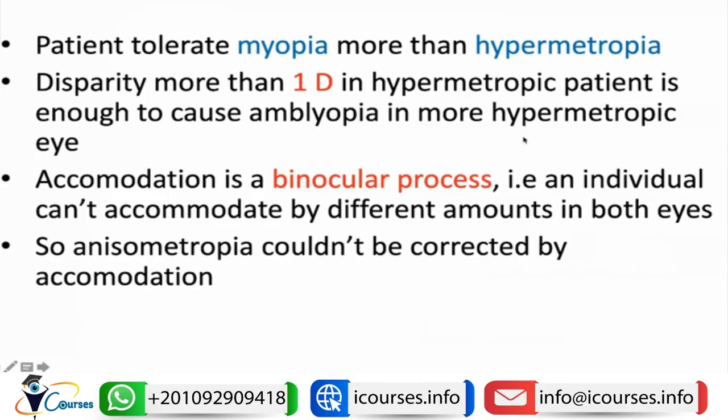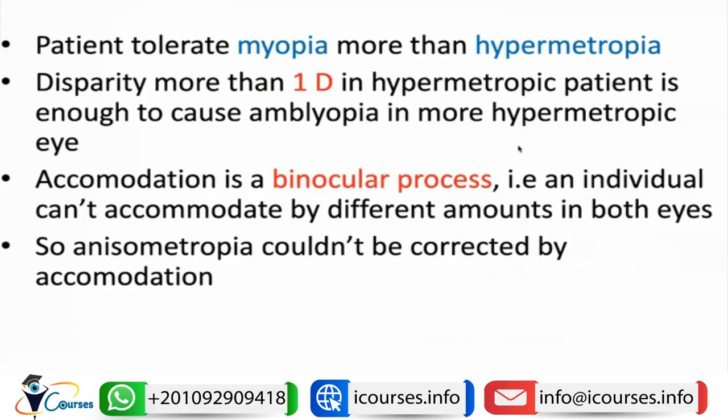The child can tolerate a difference of about 2 diopters on the myopic side, but if it is only 1 diopter in hypermetropic eyes, this will cause the patient a problem, and this eye has a serious risk of being neglected by the brain, as it is usually the non-seeing eye.